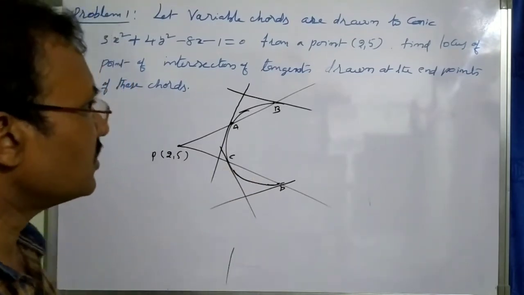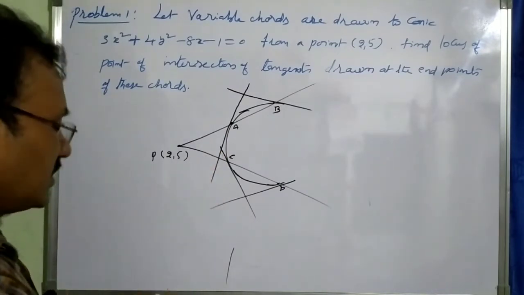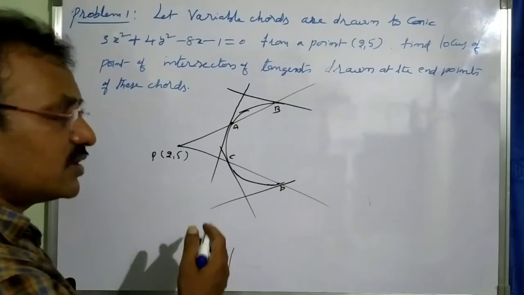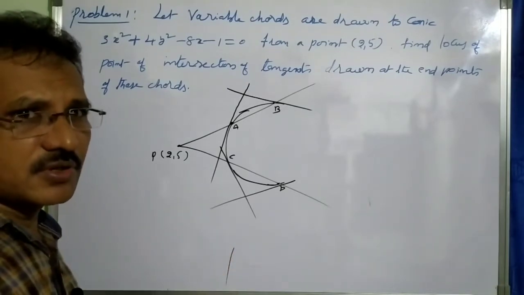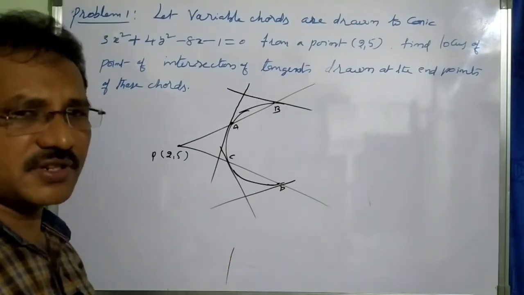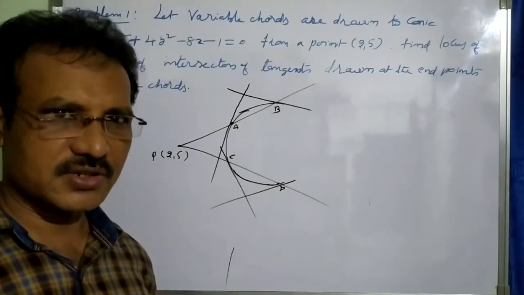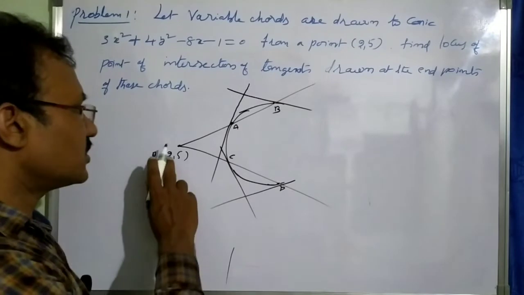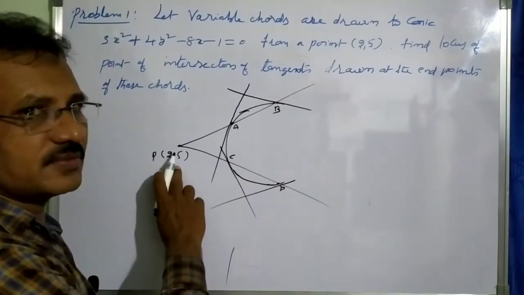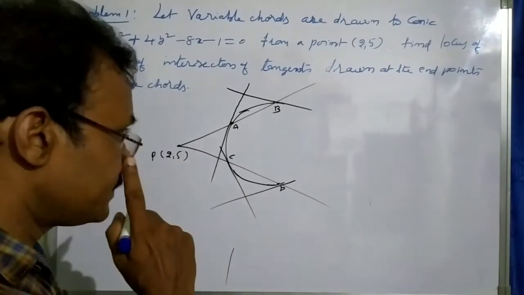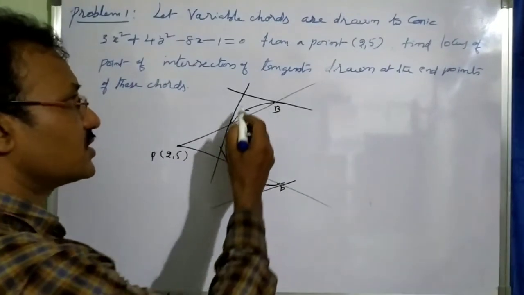Then they are all lying on a line. The line is called the polar. What is the definition of polar? The locus of points of intersection of tangents drawn at the end points of variable chords drawn from a fixed point is called the polar.